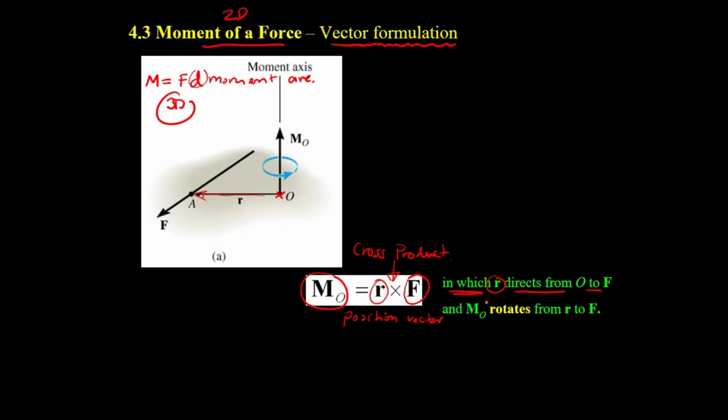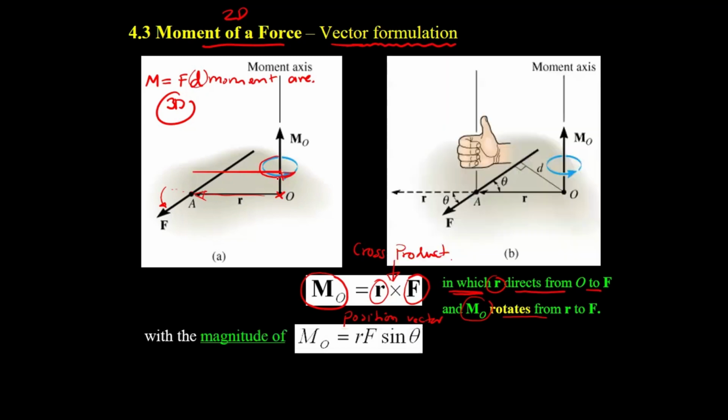And then the moment M sub O will rotate from vector R to vector F in this direction. That corresponds to this moment vector. Then what we got to do is take the right hand and rotate your fingers along this direction to indicate the rotation.